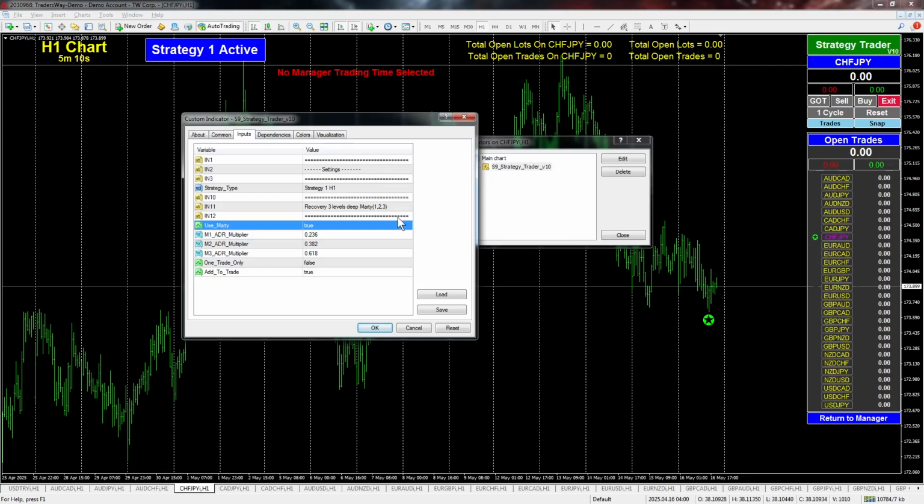So the first Marty line it hits will put on 1 times whatever lot size you're using. If it hits the second Marty line, 2 times the lot size you're using, and if it hits the third Marty line, then you're 3 times your lot size. So you do have to be careful so you don't try to overtrade and get rich overnight.